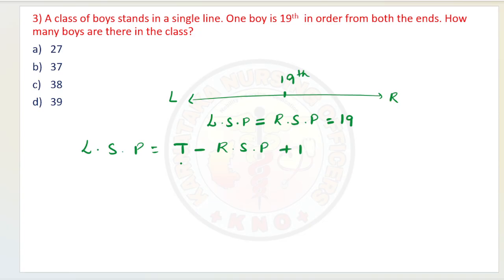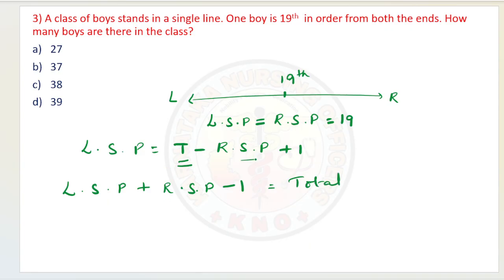Here we want the total, so keep the total on the right hand side. Send RSP and plus 1 to the left hand side. LSP plus RSP minus 1 is equal to total.